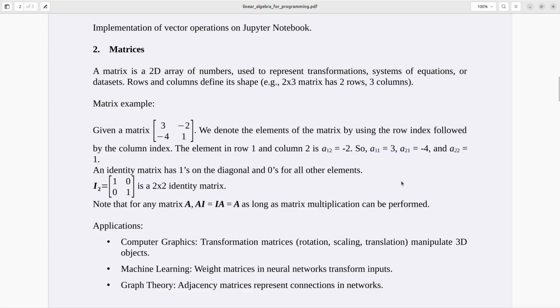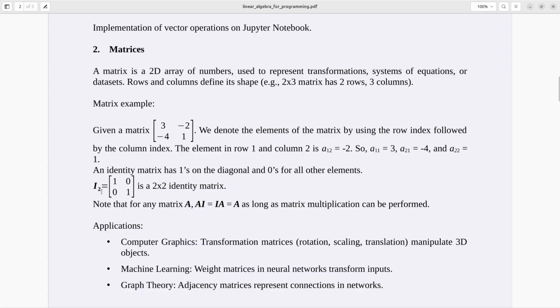Okay. And we have a certain property called identity matrix, which is this one. An identity matrix will be having ones on the diagonal, which starts from the top left to the bottom right, and all other values would be 0. And the dimension of the identity matrix has to be a square matrix, so the two numbers here must be the same for an identity matrix.